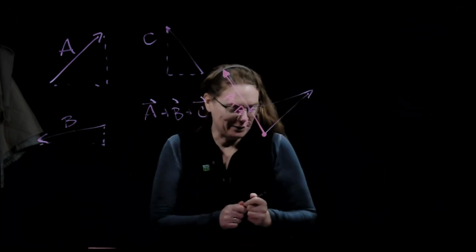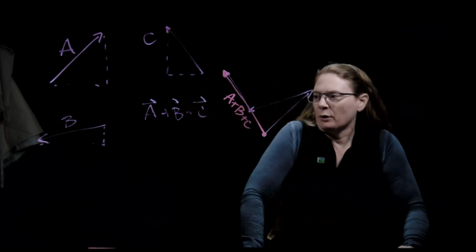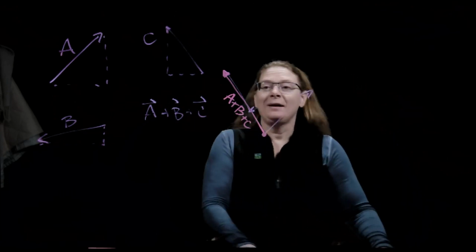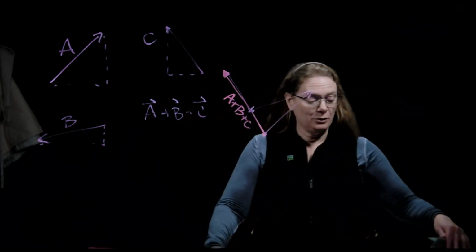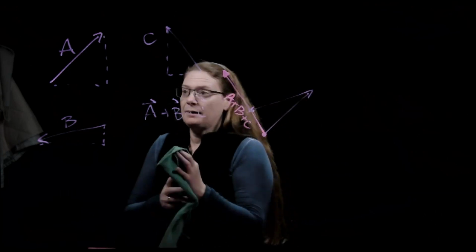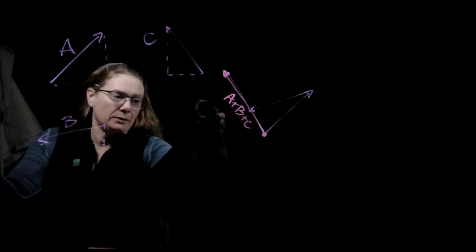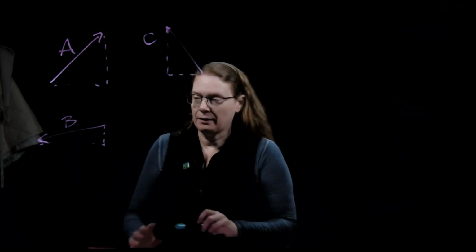So that is one way to do it, but that requires ruler, protractor, that kind of thing. So I want to show you a way to do it that is mathematical and will give you exact answers.